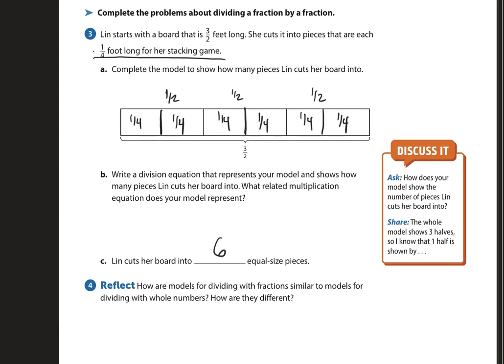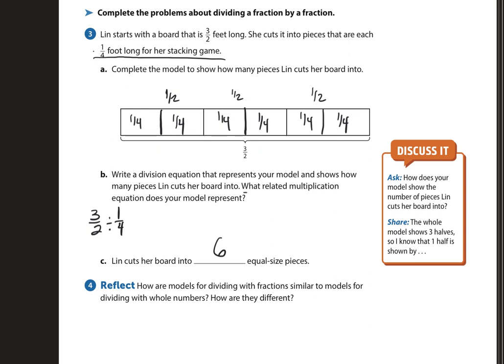Problem B says write a division equation that represents your model and show how many pieces Lynn cuts her board into. What related multiplication equation does your problem represent? Well, our problem, written as a division problem, would be 3/2 divided by 1/4.